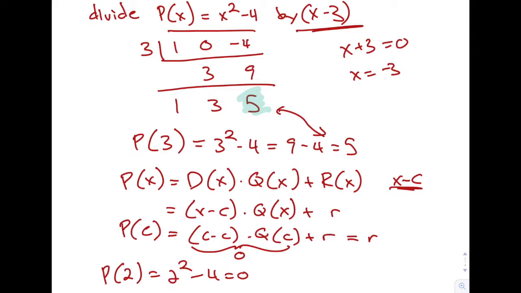And then we know that c is a 0 of the polynomial p if and only if x minus c is a factor of p. And we know that it's a factor of p whenever the remainder is 0. So these two ideas are very related. That is, the remainder theorem and the factor theorem.